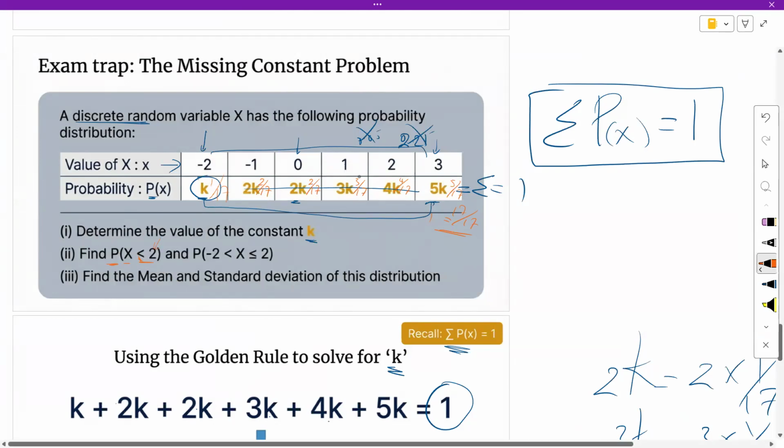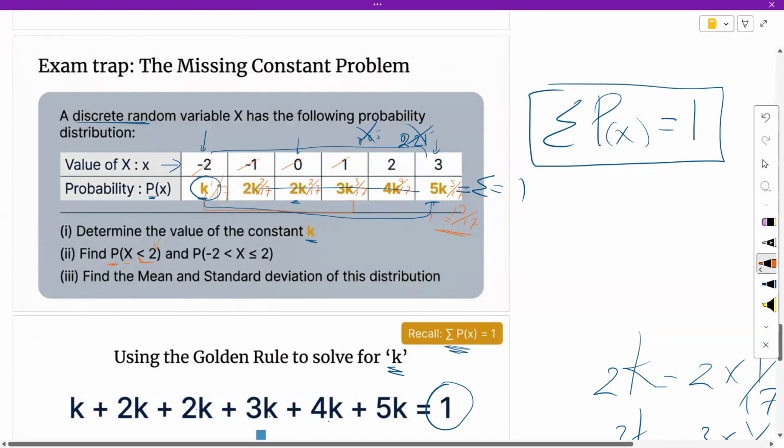So what does it cover? It covers this value, this value, this value, this value, because it is less than 2. Then what is the probability of that? The sum of these values: 1 over 17 plus 2 over 17 plus 2 over 17 plus 3 over 17.